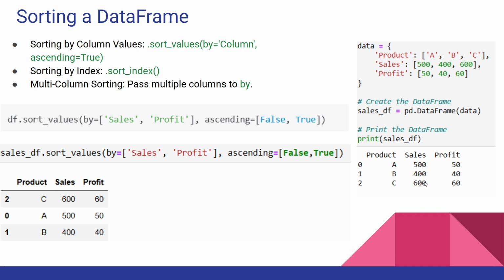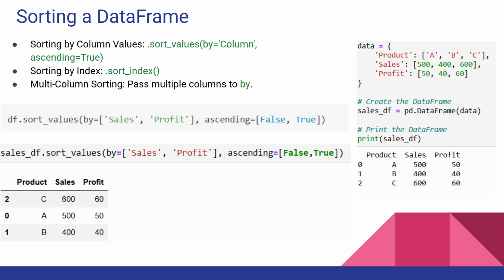Now you might be worried that I wanted to sort it on sales by decreasing and profit by increasing, but the final output that I'm having is not in that particular order. Thankfully, in this tiny data set that we were having, when you sort by sales, that order will stay as it is.